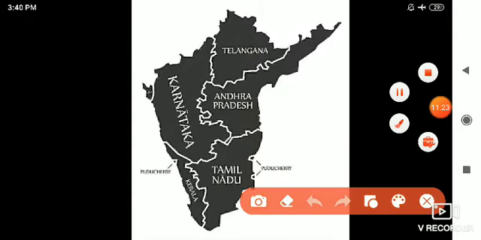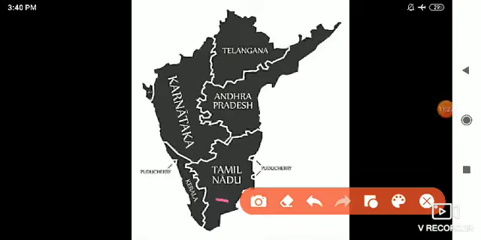First, Tamil Nadu, then Kerala. Here it is Karnataka. So if you have got the updated map, this boundary will be there in your map. Okay, if you have got the older version where Telangana and Andhra Pradesh are not divided, you need to draw this boundary.